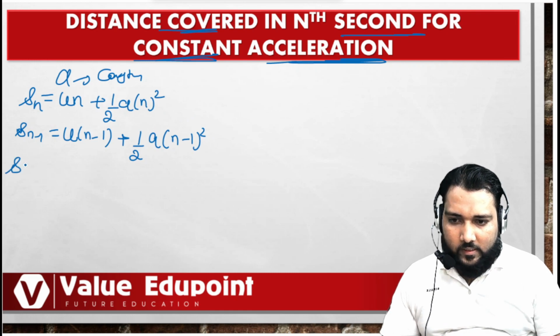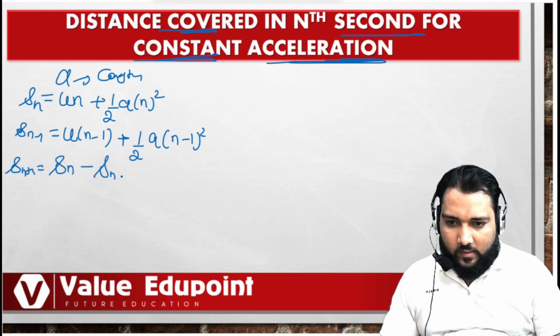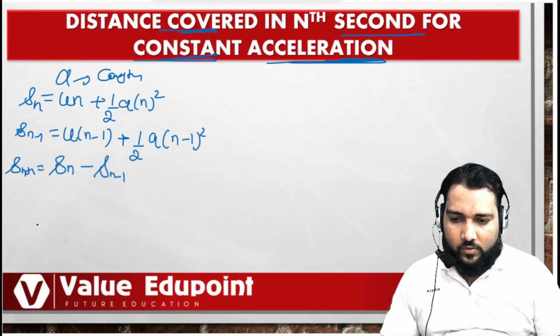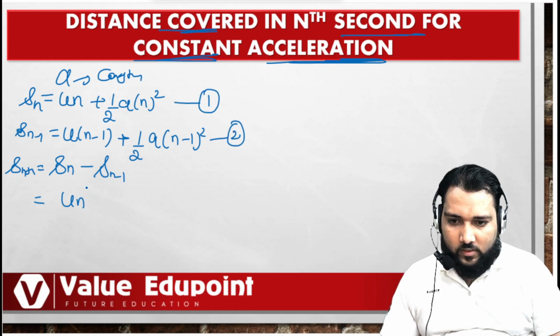So the distance in the nth second will be Sn minus Sn minus 1. Simply, subtract equation 1 from equation 2. So un minus, when you multiply, this comes minus un, and with the minus signs this comes out to be plus u.